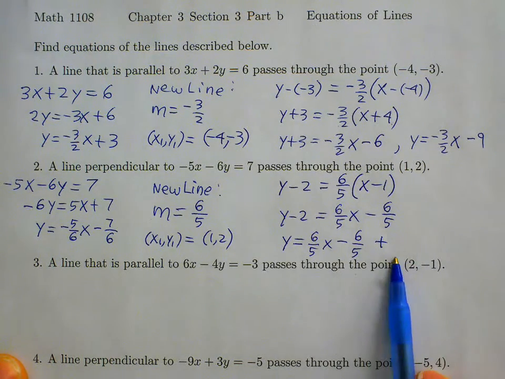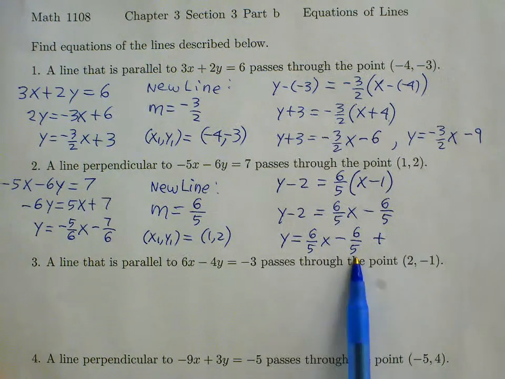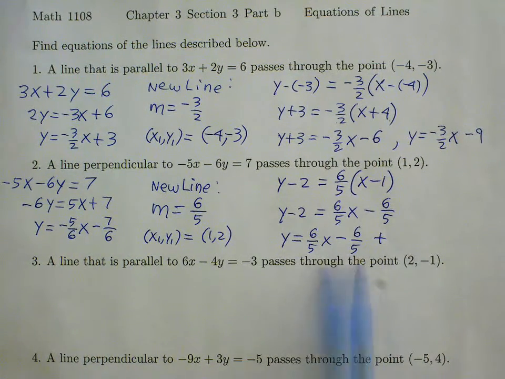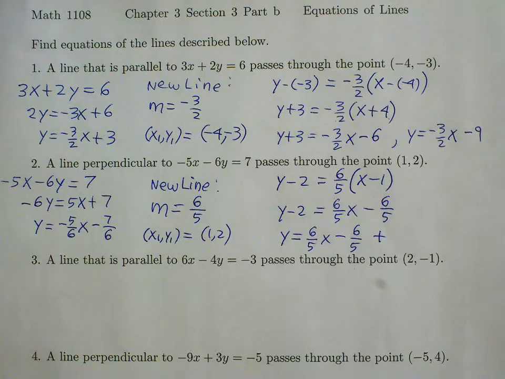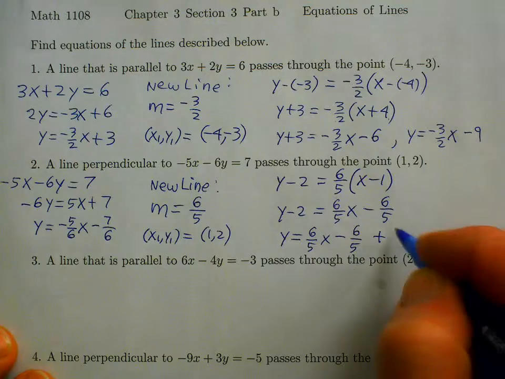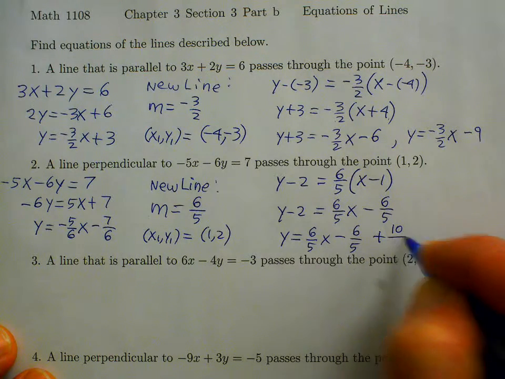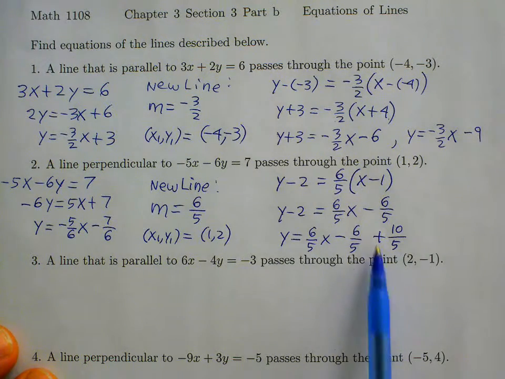plus 2. So how should I write 2 since I have to add it to the fraction minus 6/5? 10 over 5. Yeah, plus 10 over 5, right? We need a common denominator when adding and subtracting fractions. So this represents my plus 2.